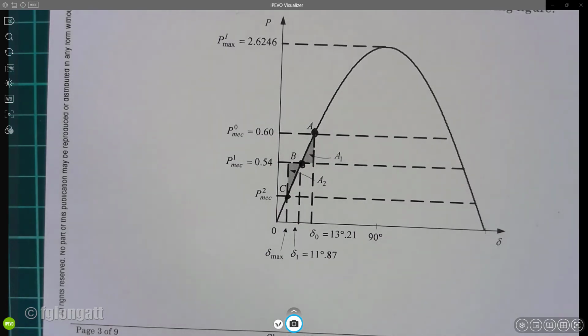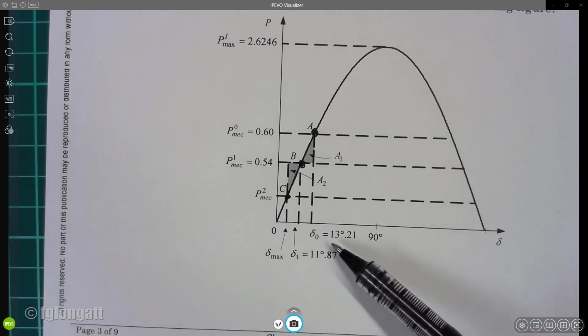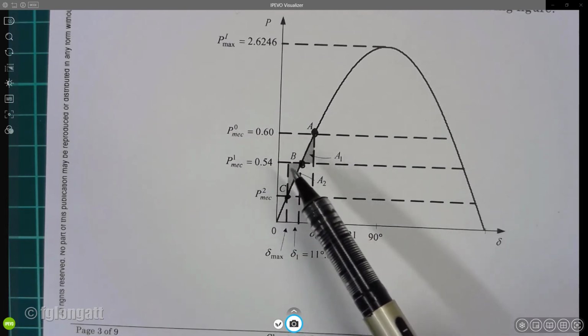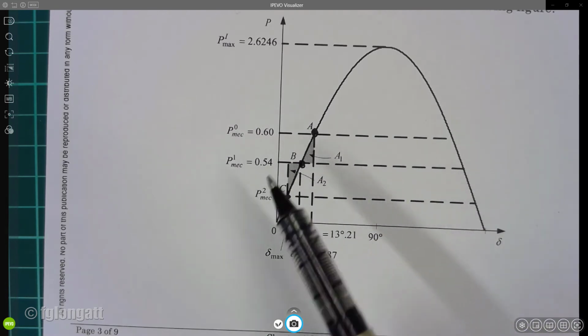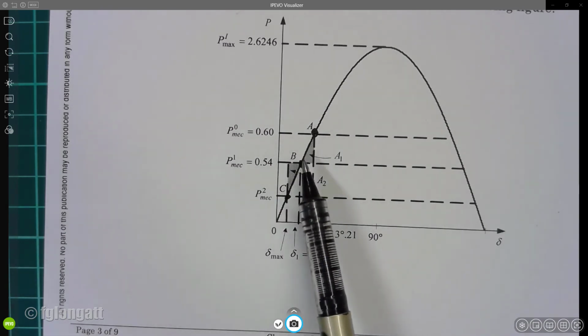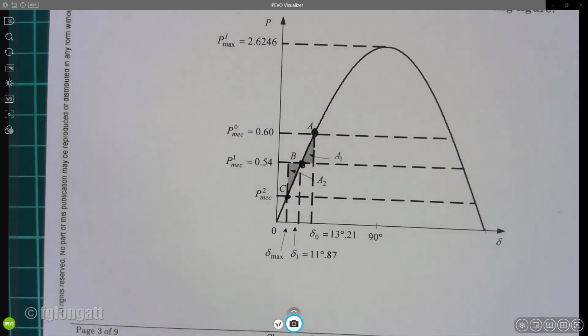Now, what is the situation? The situation is that you must understand this is the original operating point. This is the starting point of everything. And the mechanical power of the point B is already defined. It must be clear for all my students that the point B is already defined. Okay? And because the point B is already defined, I don't know if you realize, but the area A1 is a number.